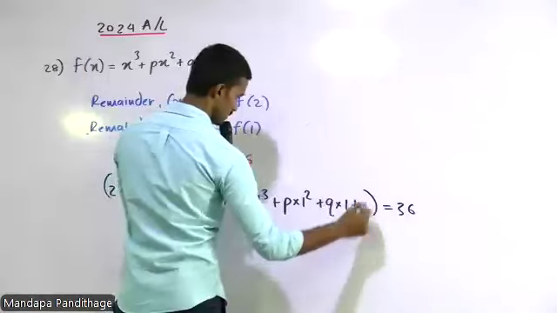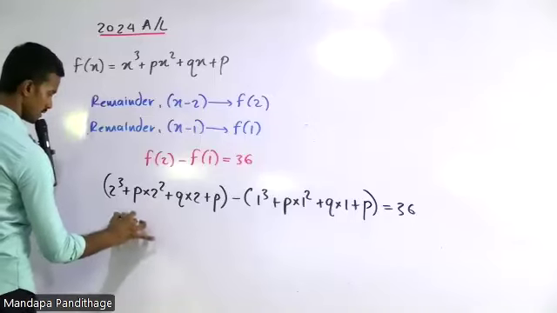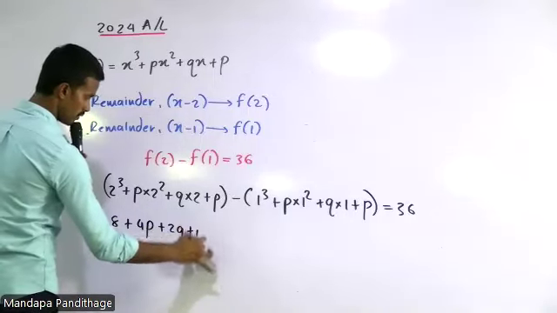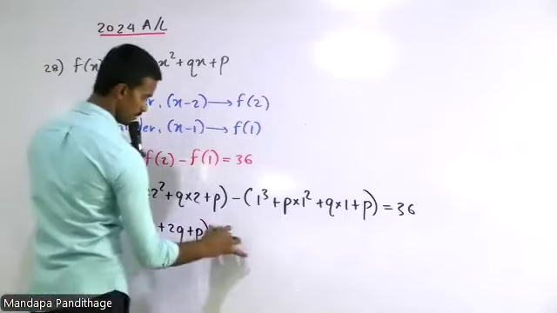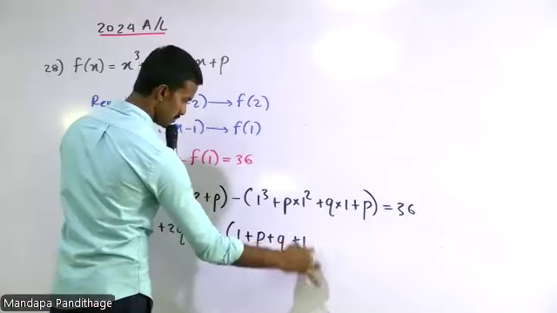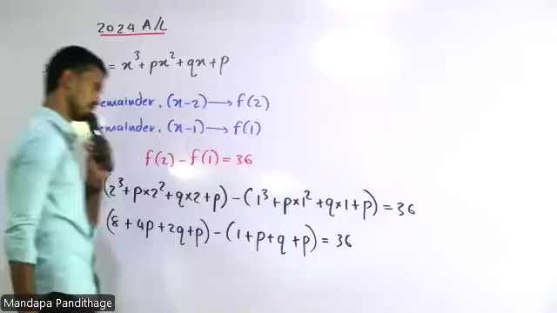So what I can have here is 8 plus 4p plus 2q plus p, minus 1 plus p plus q plus p is equal to 36.